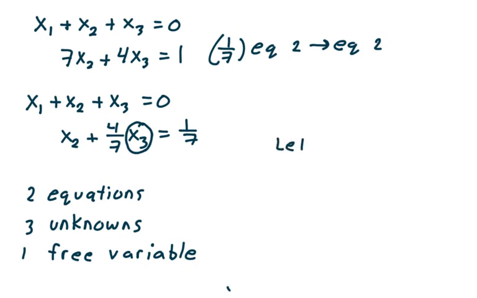I'm going to let x3 equal t. Now, I can solve for x2 in terms of t. So x2 is negative 4/7 t plus 1 over 7.